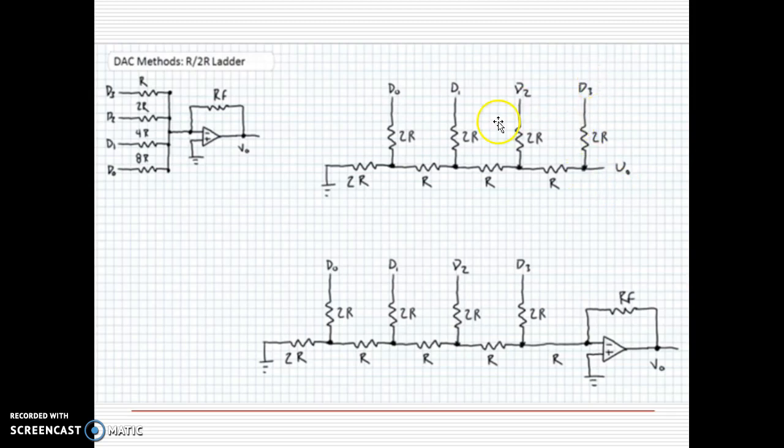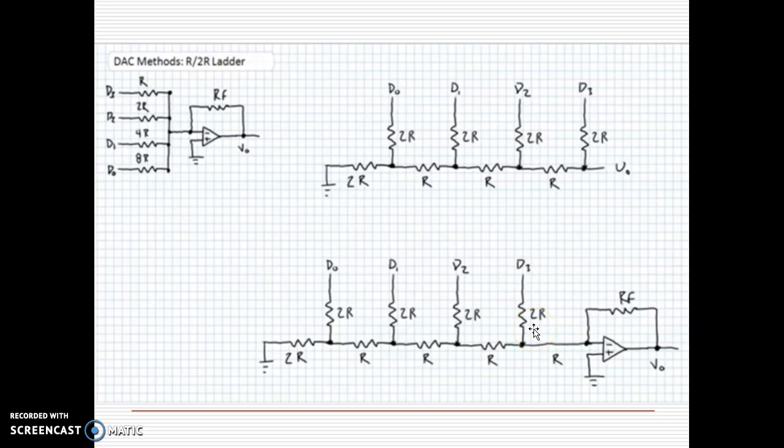Compared to that, D3 requires going through only this R. So the fraction contributed by D3 is much higher than D0. That's why we call this bit the MSB, the most significant bit.